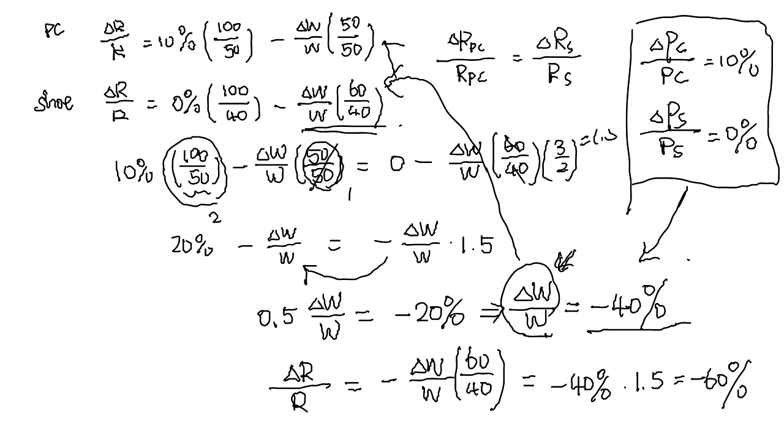Oh, negative here, so negative becomes positive. Okay, so this is what you get. You started from the price change, and you figured out the factor price change. And that's basically the Stolper-Samuelson theory.